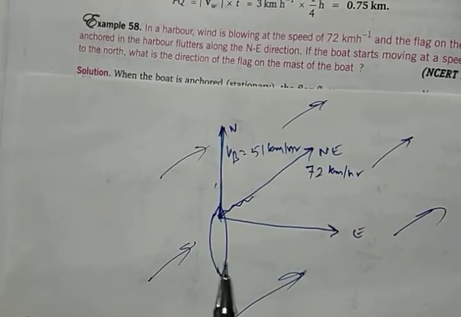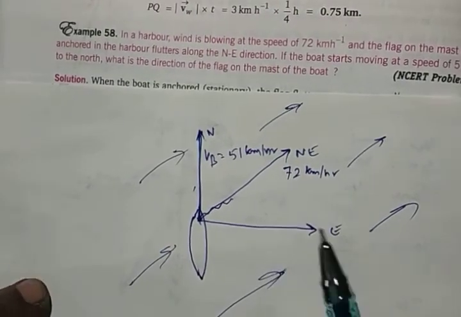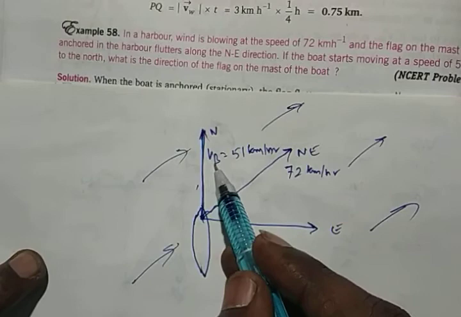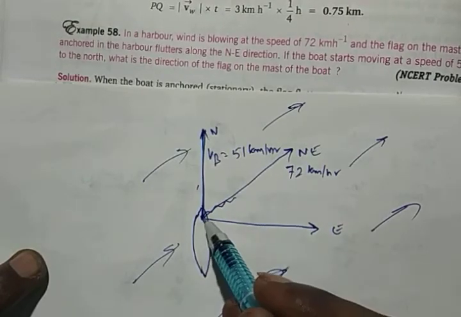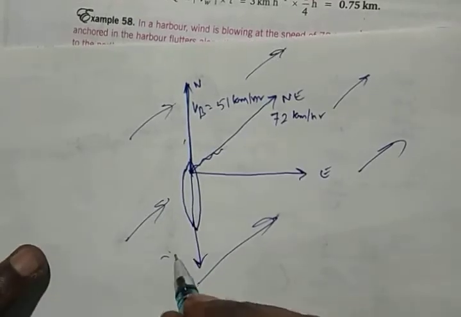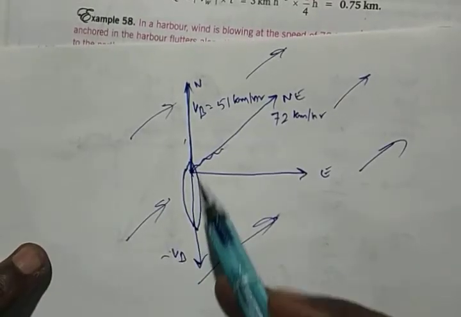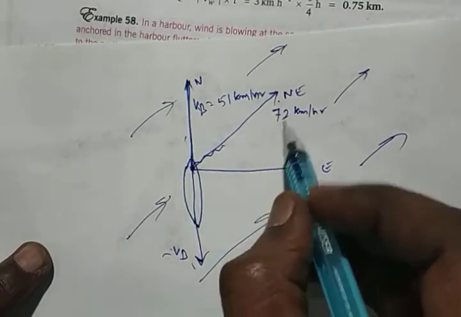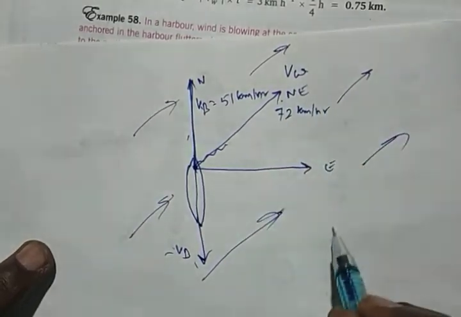So the first part, when we want to make the diagram properly, is to put the boat into rest by imposing opposite velocity, minus VB, on both the boat and the wind. This is the velocity of the wind, and this is the velocity of the boat.